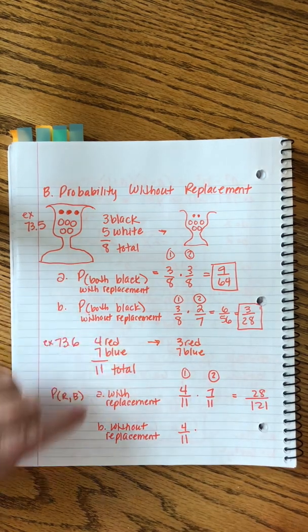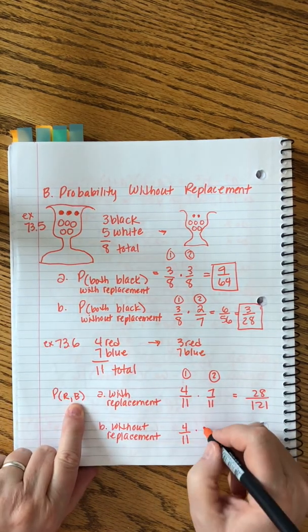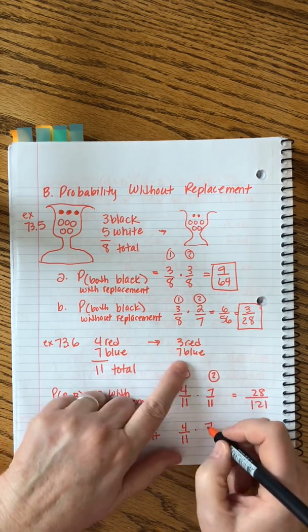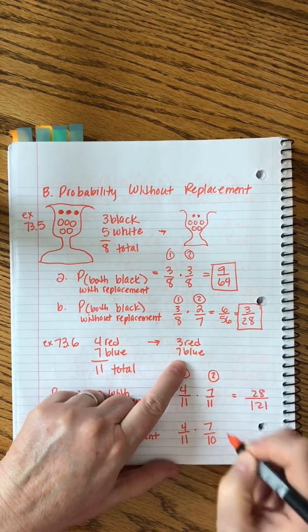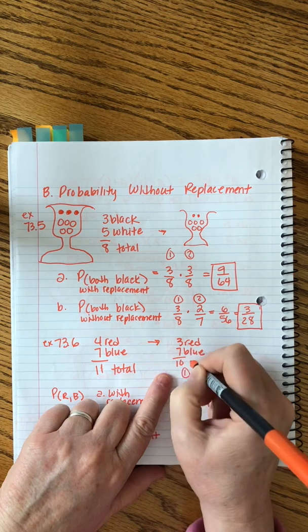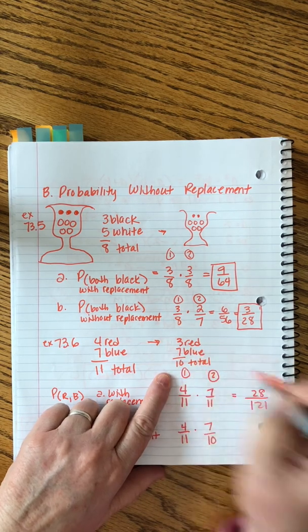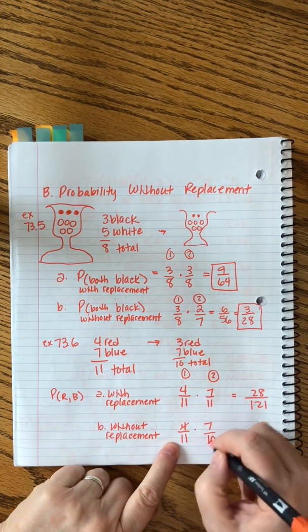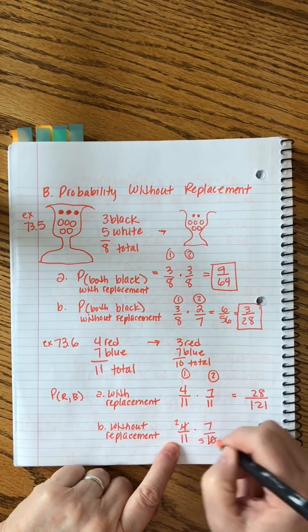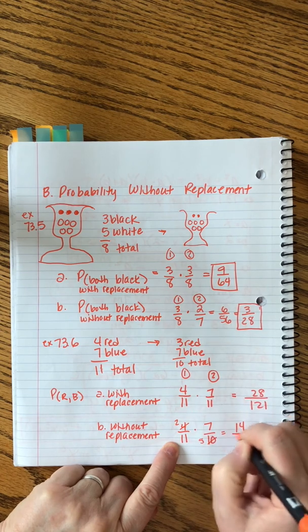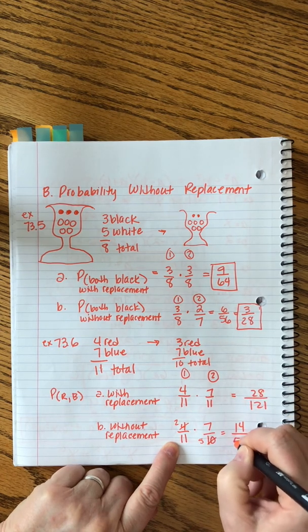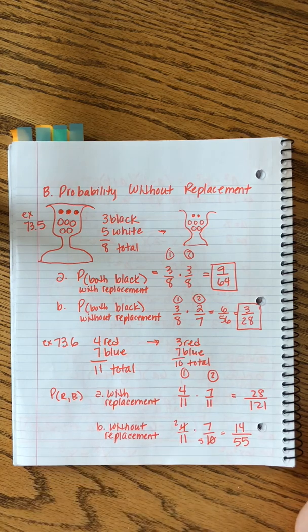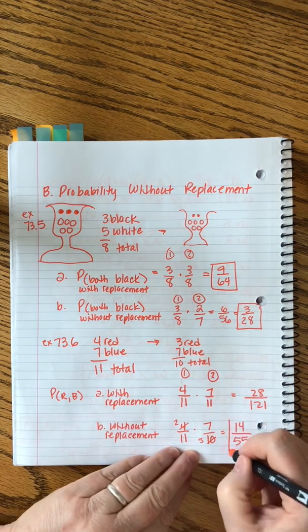So when I go to drawing my blue, it's 7 out of 10 total. So that's different. I'm going to reduce before I multiply. That's 2, that's 5. So it's 14 out of 55. Make sense?